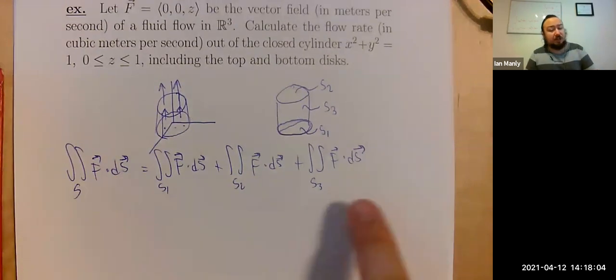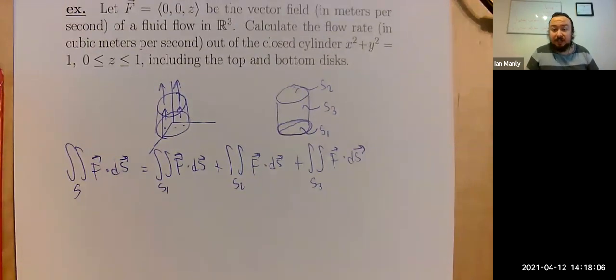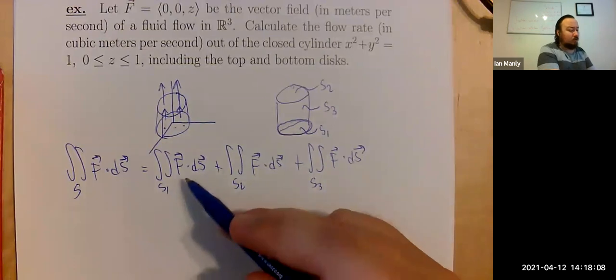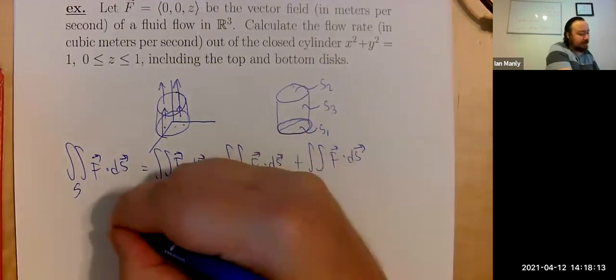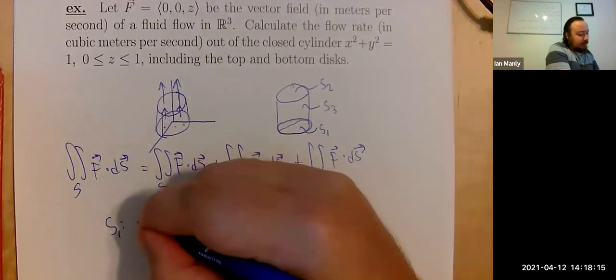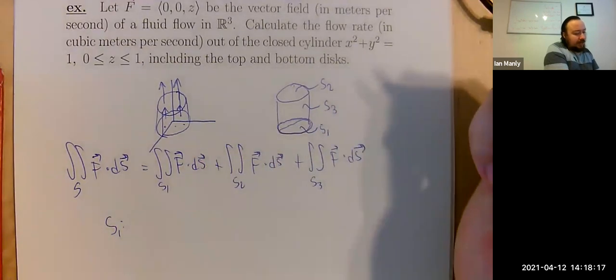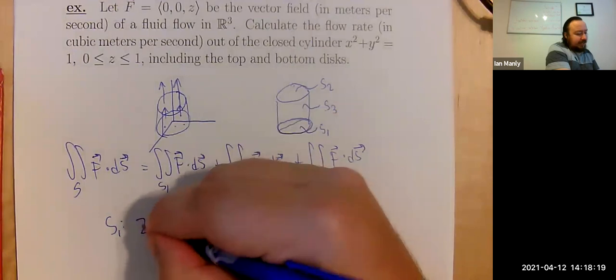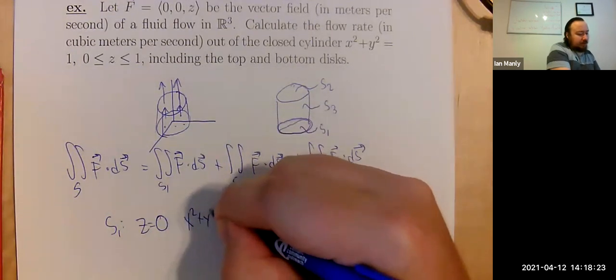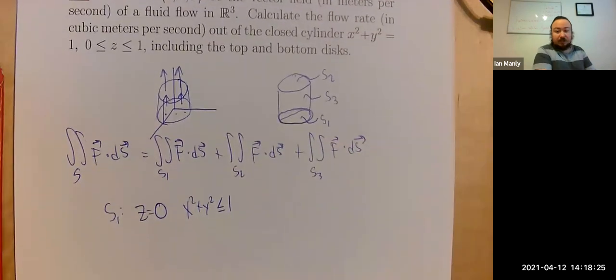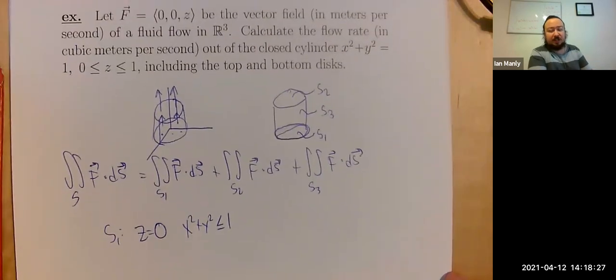All right, so we're just going to compute each of those separately here. So let's do S1 here. Now, S1 is just the surface where we have z equals 0, and x squared plus y squared is less than or equal to 1 right here.